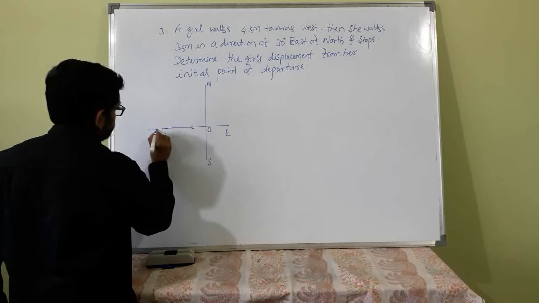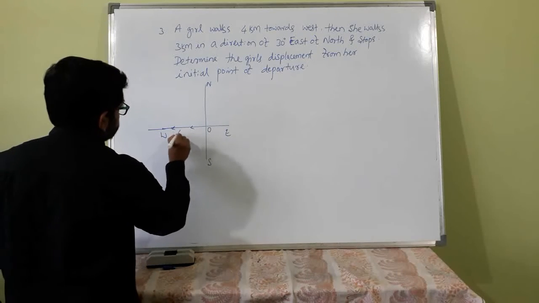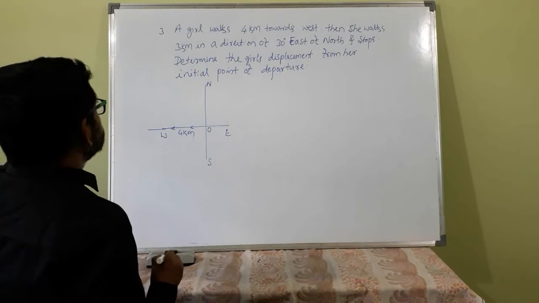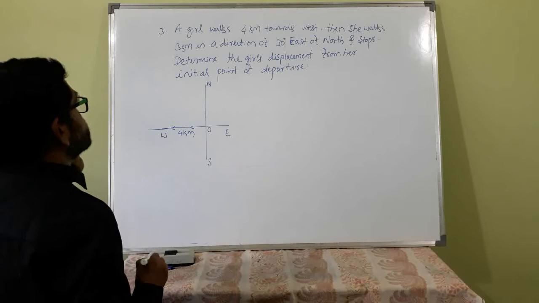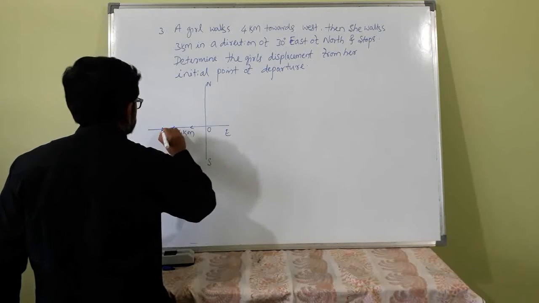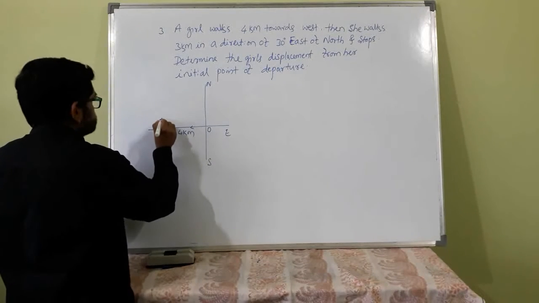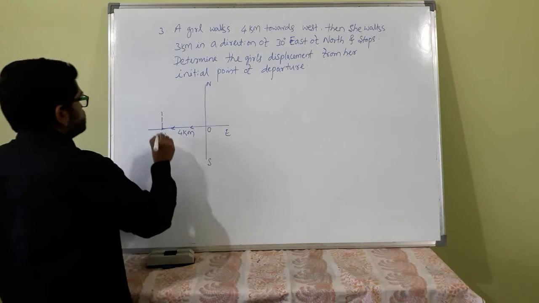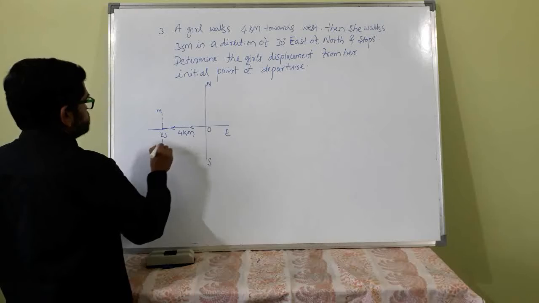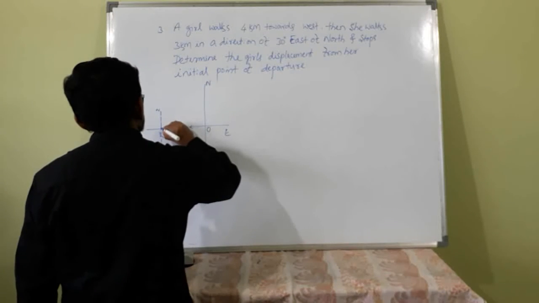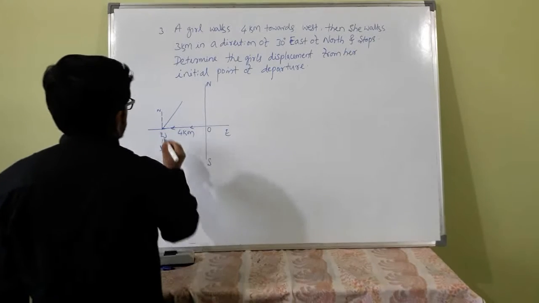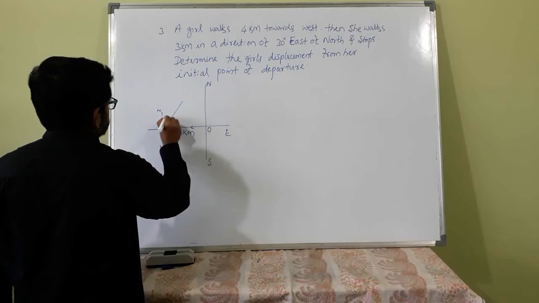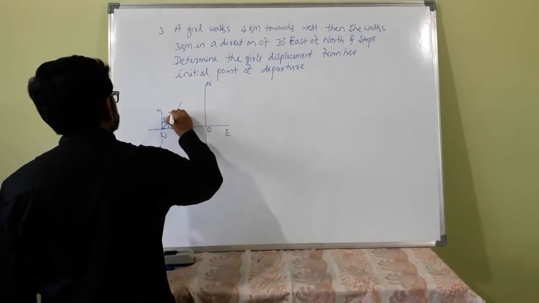Okay, suppose this is 4 km. Then she walks 3 km in a direction of 30 degree east. Okay, this is north, south, east means towards this. She walks, say, in this direction. This is 30 degree. This distance is 3 km.